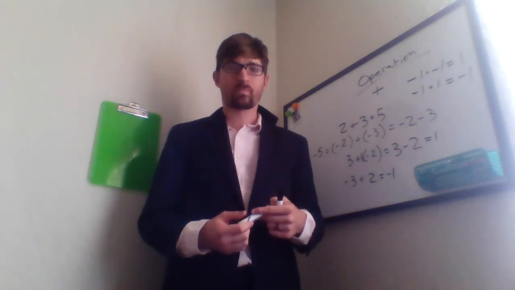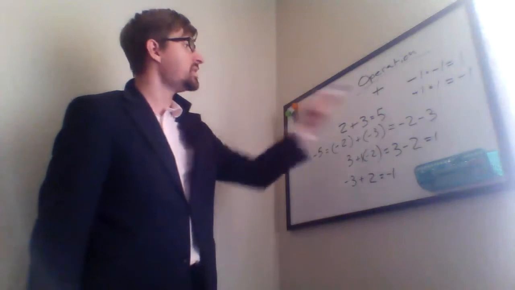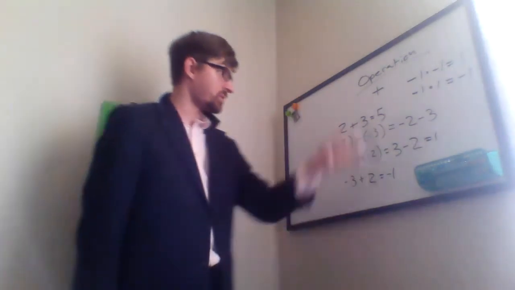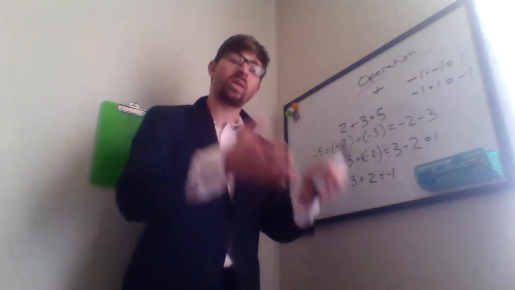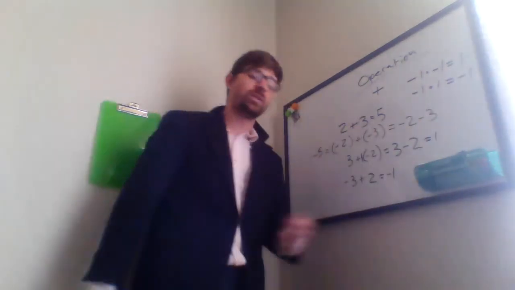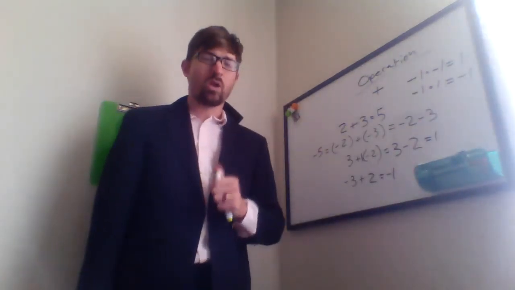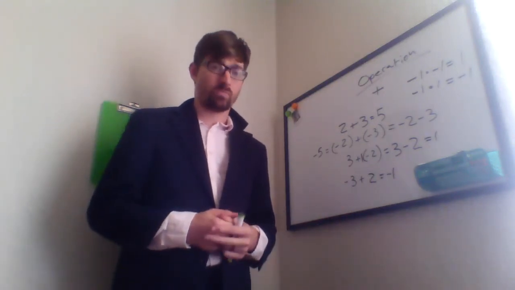Okay? All right. So now that we have discussed the addition of integers, let's now go into the multiplication of integers. But before we go into the multiplication of integers, we need to address some specific type of numbers.